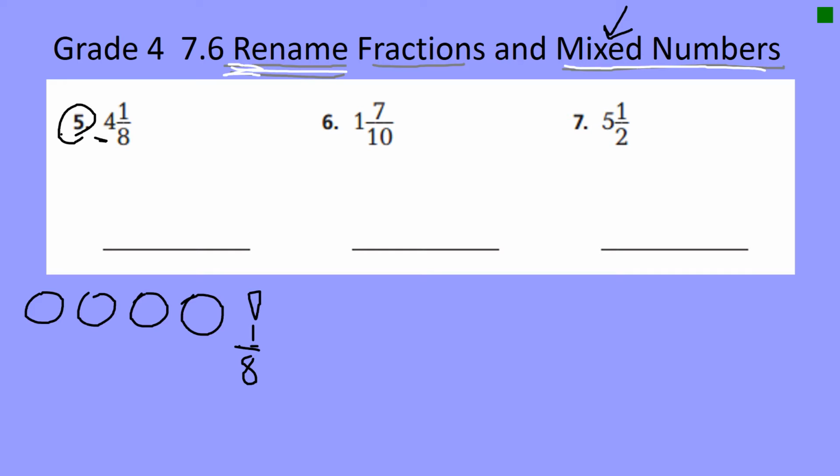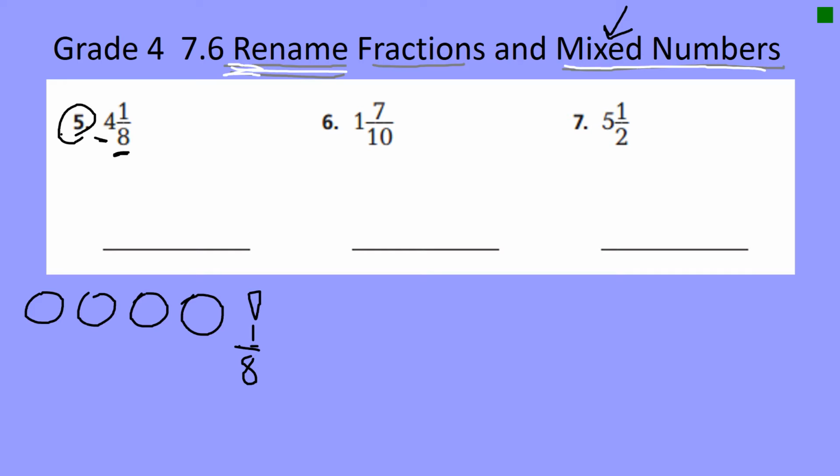What I'm going to do with these 4 whole cookies is, look at that denominator 8. Remember what a denominator tells us, guys? A denominator tells us how many pieces make one whole thing. That's its only job. What makes the whole? And it gives us an idea of what the piece size is.